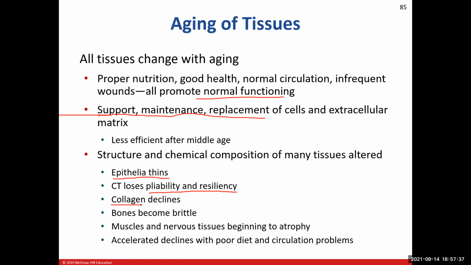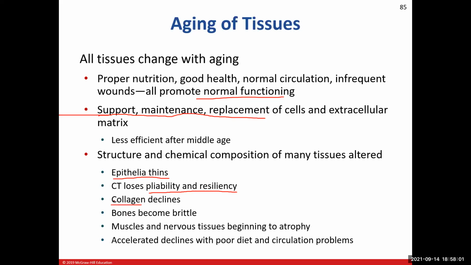The elastic protein fibers. That also decreases. So with both collagen and elastic fibers, their production decreases, and therefore the skin and its connective tissue will lose its stretchiness, its resiliency, or its toughness.